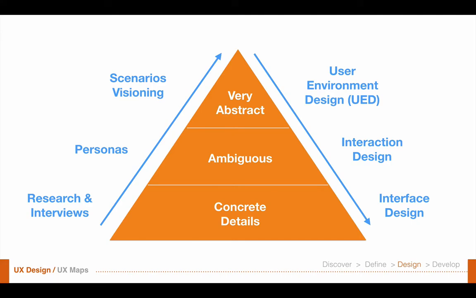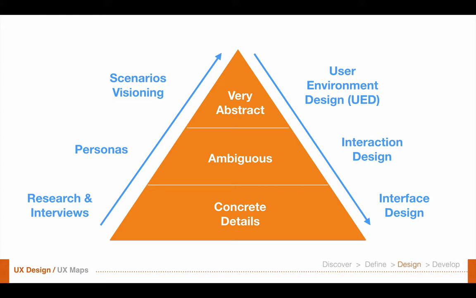And when we get into the scenarios or vision, we are getting into a very abstract zone because we are starting to imagine something from nothing, so that we can start developing and designing for the product.